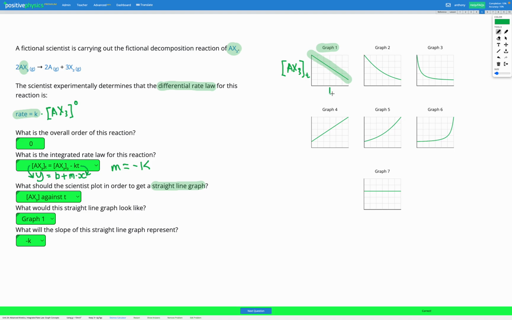For our x-axis, we had t, and our slope is negative k. So that's when we have a 0th order reaction with our integrated rate law. If we plot our concentration against time on a graph, we can find k by finding the negative of the slope. Let's look at a couple of other examples.